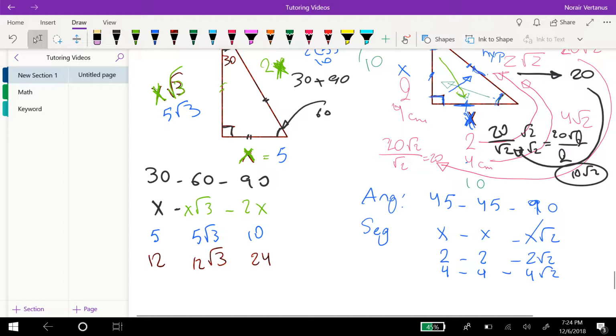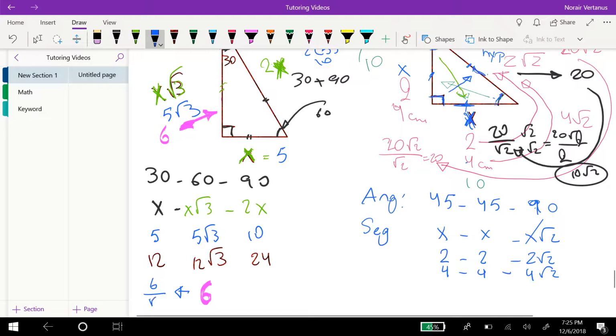Now, how about if they don't give you the shortest one, they give you the side opposite to 60, which is equal to 6. Before you multiplied by rad 3, now you're going to divide by rad 3 to get the side opposite to 30 degrees, the shortest one.